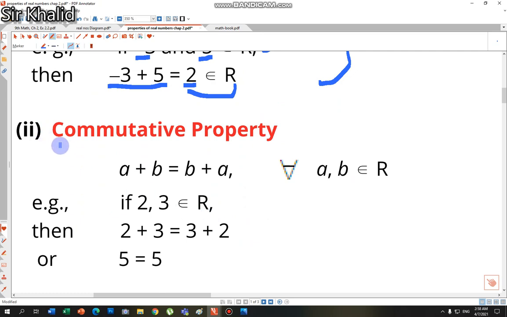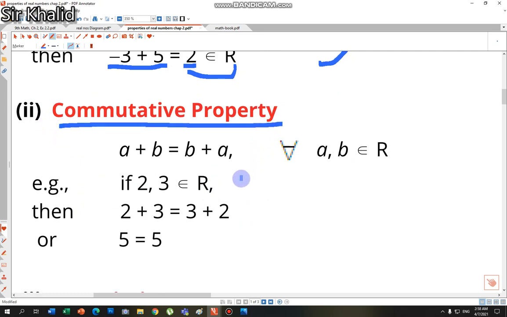Next I move on to the commutative property. This is the equation for the commutative property: a plus b, if I change the order and put b first and a in the second place, is b plus a, for all a, b belonging to R. Suppose that a is equal to 2 and b is equal to 3.